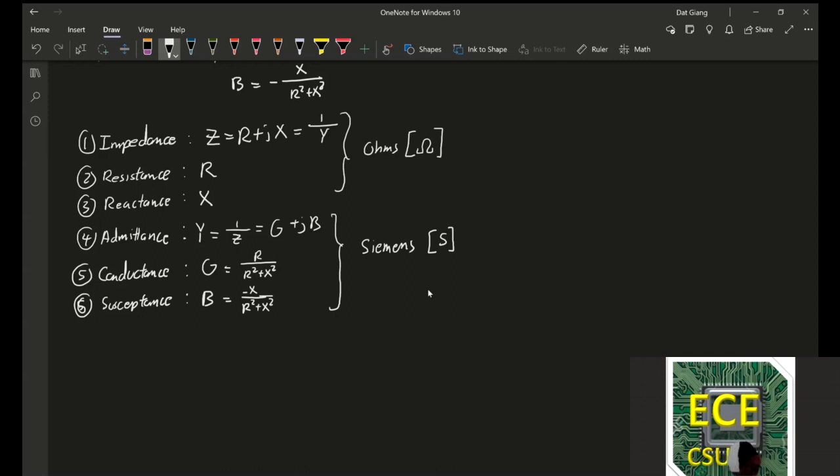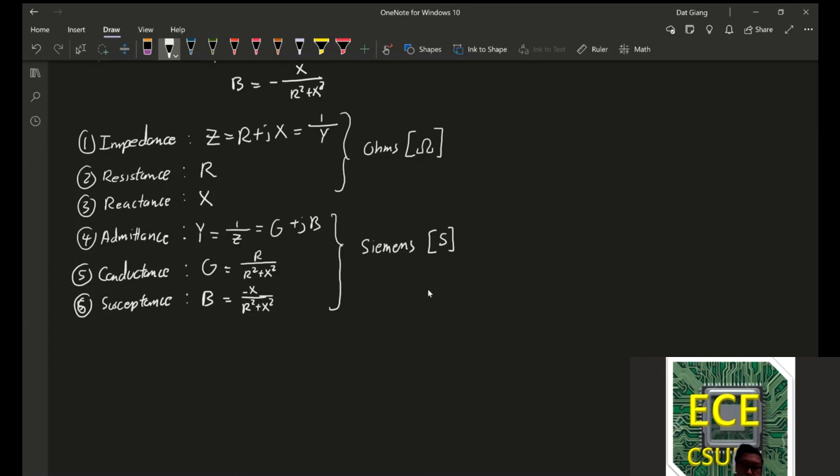Now, just to talk about why you would care about admittance, conductance, and susceptance: as mentioned before, sometimes it's easier to talk about how good something conducts rather than how resistive it is, because sometimes we might not get a good idea. The other important part is two-port network modeling. We use it all the time with T models, H models, and so on.